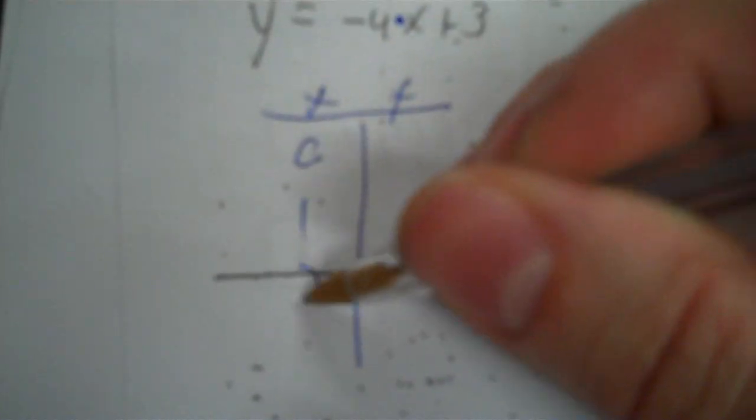Okay, number 5. Graph the equation y equals negative 4x plus 3. So I make just a simple input-output table, 0, 1, 2. So I go negative 4 times x plus 3. Negative 4 times x plus 3, and negative 4 times x plus 3. So 0.